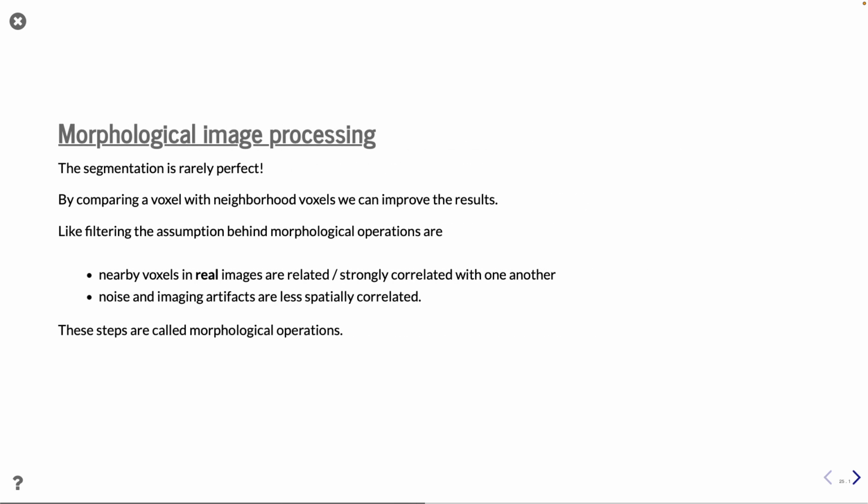And that leaves us for today from the segmentation part, and instead we go to cleaning up, because the segmentation is usually not perfect. What we need to do is some post-processing, and morphological image processing is a kind of structural filter that looks in the neighborhood and compares whether the current pixel should be modified or not.